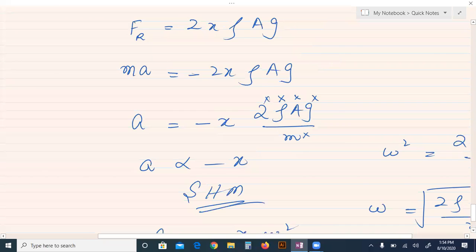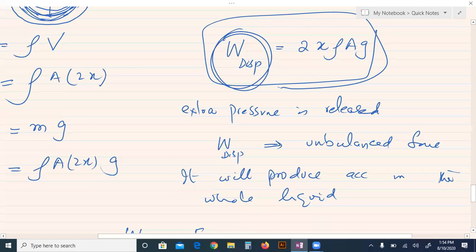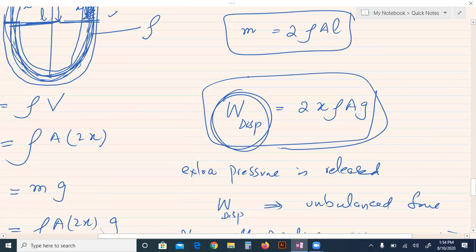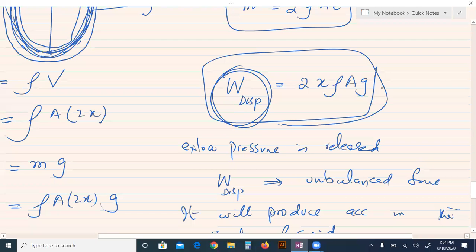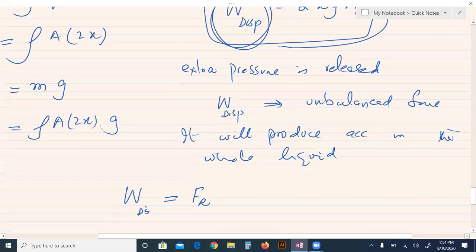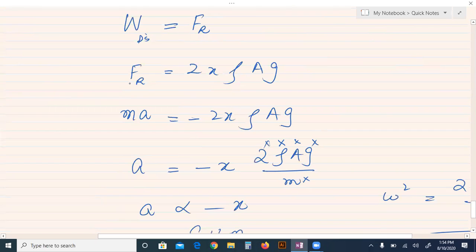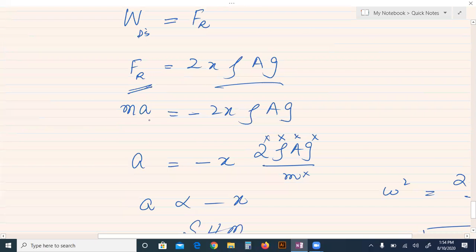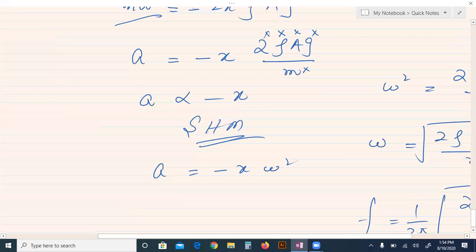So actually, this displaced liquid weight, 2x rho Ag, is the resultant force. It is an unbalanced force. It produces acceleration in the whole liquid, and this resultant force is equal to ma, minus restoring. So it's proved that it is executing simple harmonic motion.